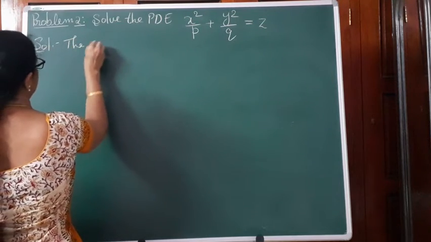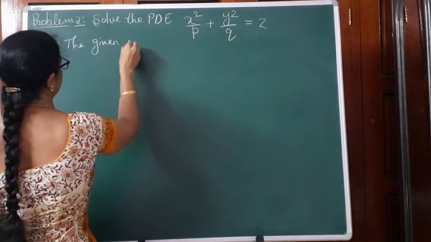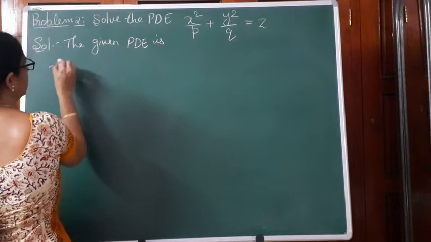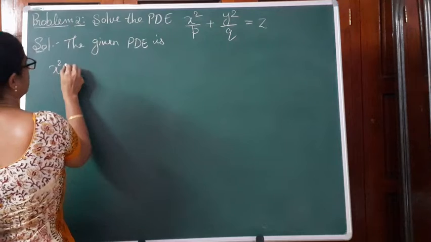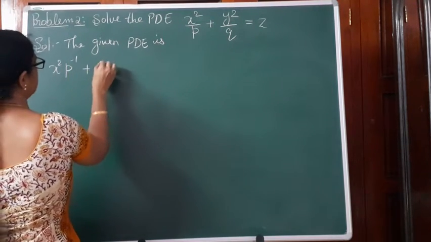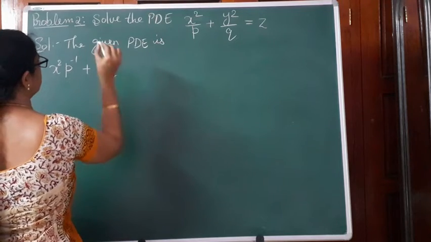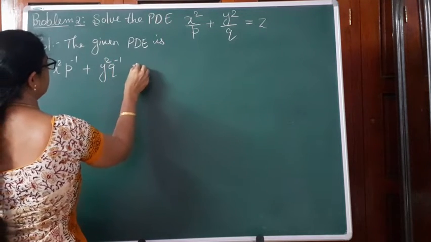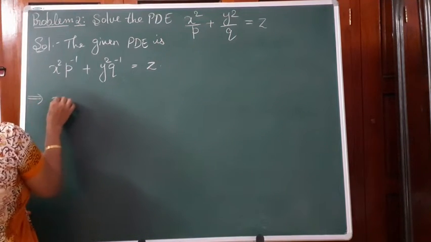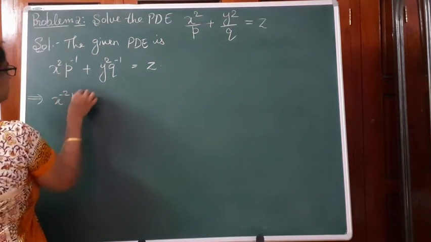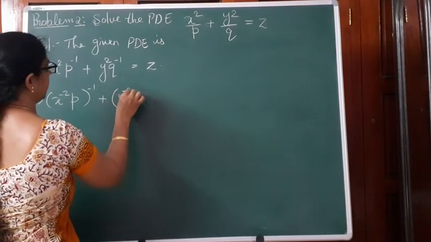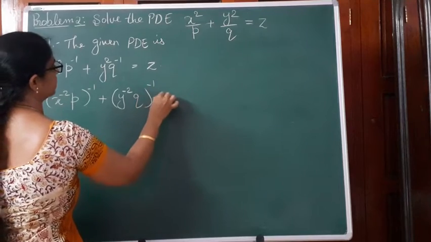The given PDE can be written as x squared into p power minus 1 plus y square into q power minus 1 is equal to z, or this can also be written as x power minus 2 p whole power minus 1 plus y power minus 2 q whole power minus 1 is equal to z.